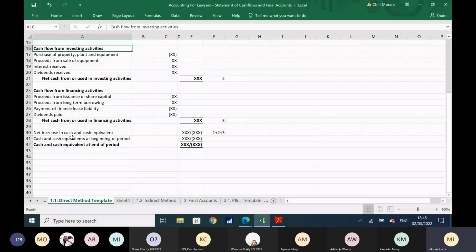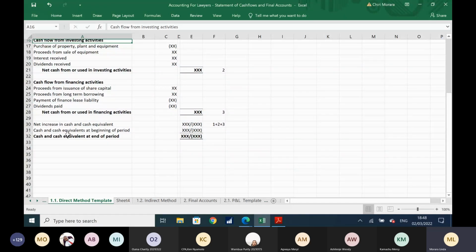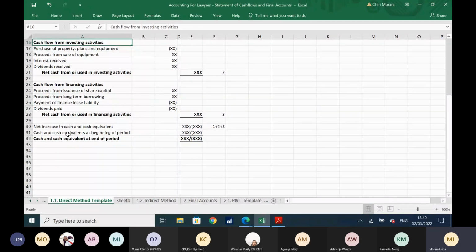Because now you see dividends are directly linked to the issuance of shares. You issued shares, so that was a financing activity. So you're paying dividends in relation to that financing activity. That is why it's an outflow. And then also, if this is a finance lease, a lease is in a way a financing.